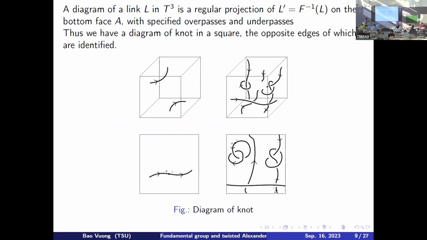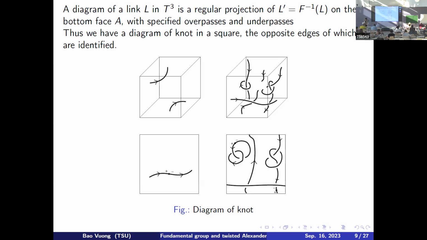So what we have in the picture shows some embedding of circles in the cube, an embedding of a circle in the three-dimensional torus. The vertex with plus and minus signs is where it goes over to the upper face and the bottom face of the cube, and it is denoted by a vertex with negative and positive sign.